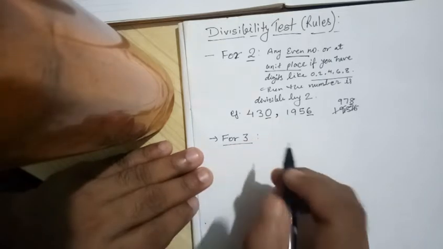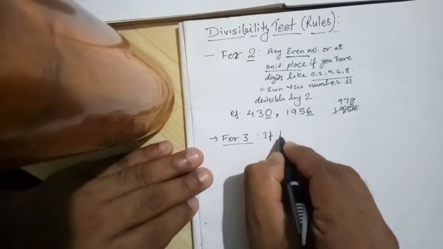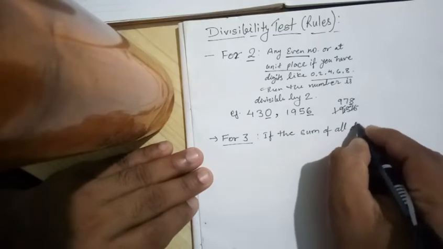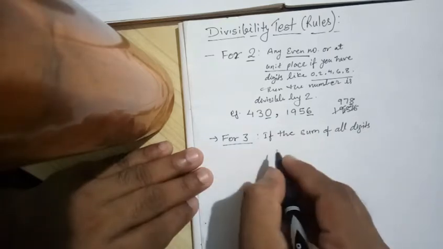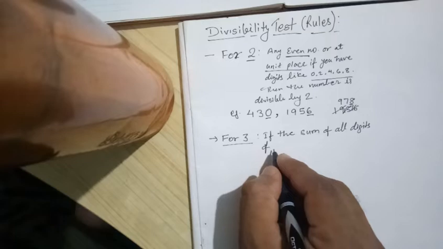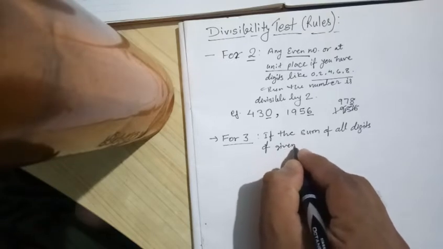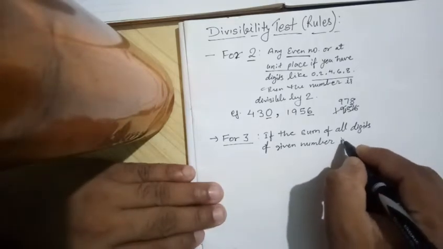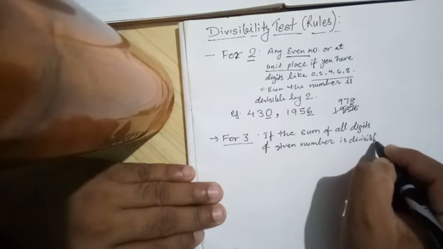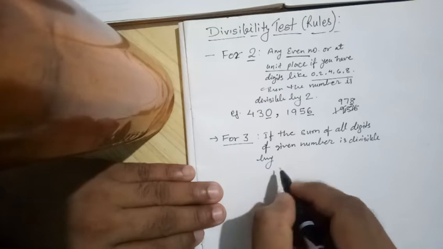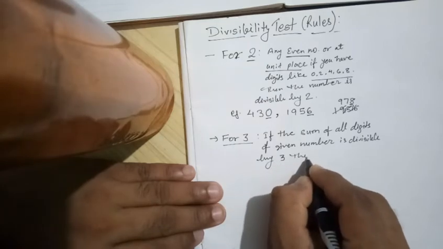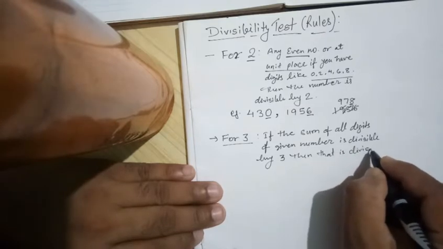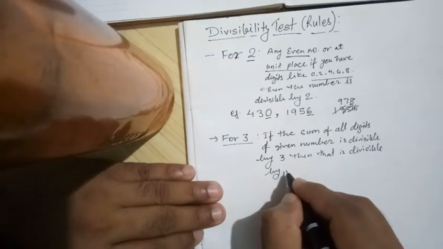listen very carefully. If the sum of all digits of a given number is divisible by 3, then that number is divisible by 3.